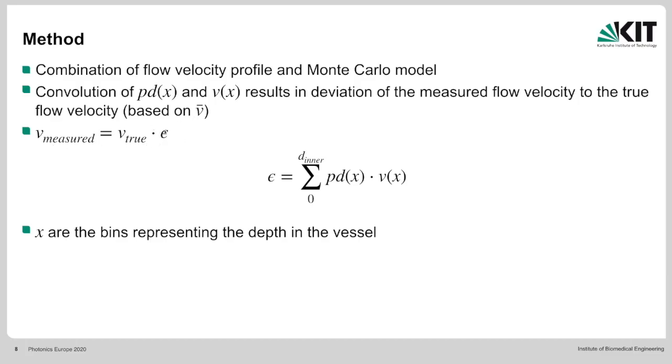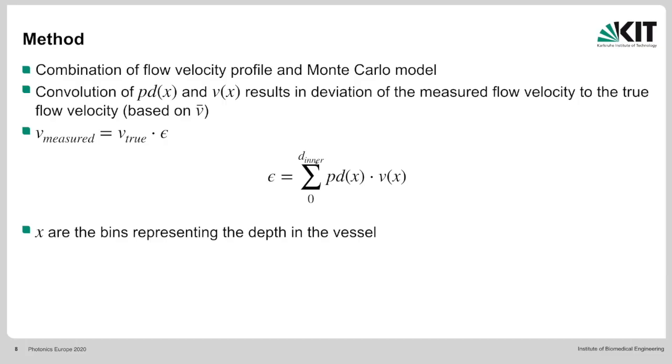This is the transit time error, and since we are in a discrete space, we have a convolution as a sum of the multiplication of each single element. And again, x is representing the bins in the depth of the vessel, so going again from 0 to the inner diameter.